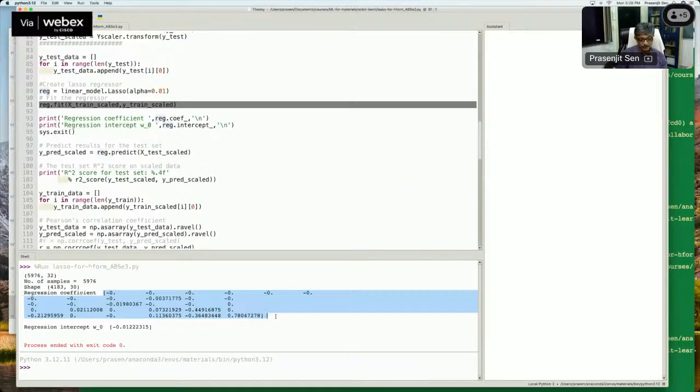How to choose the optimal value of alpha, we'll see next time. Ridge regression we'll see next time, and we'll try to understand the subtle differences between the ridge regression and the lasso models. And then next time we'll move on to maybe the random forest model.